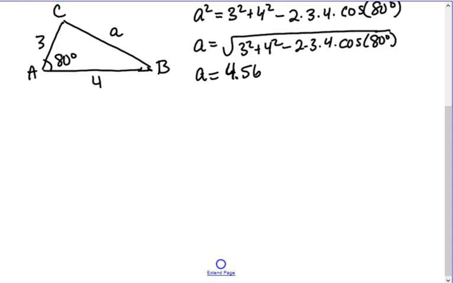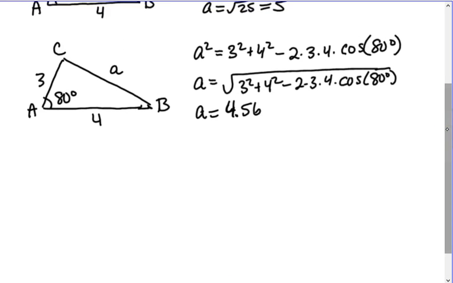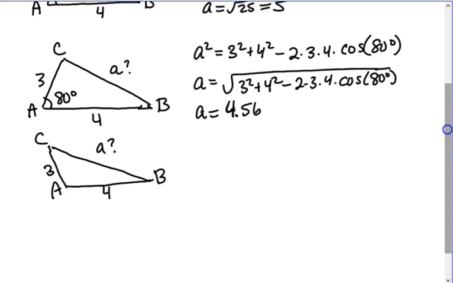Now what happens when we do an angle that's slightly bigger than 90, or any bigger than 90? It doesn't have to be just slightly bigger. So this is still 3, this is still 4, this is still a and b and c. I still want to find a, but I'm going to make this 100 degrees now.